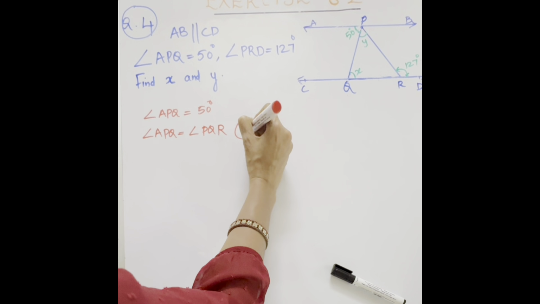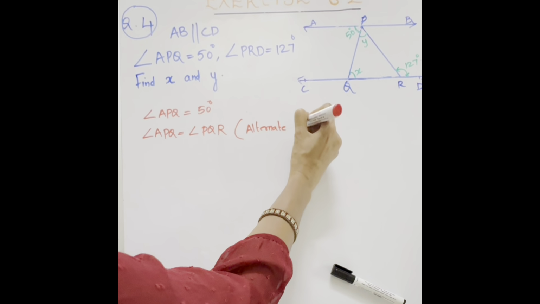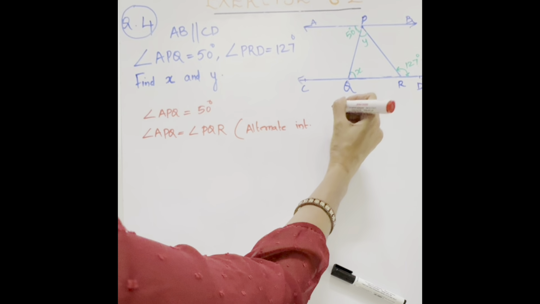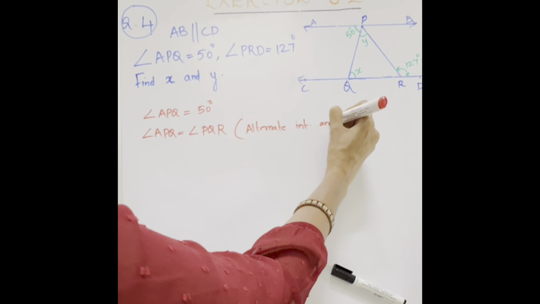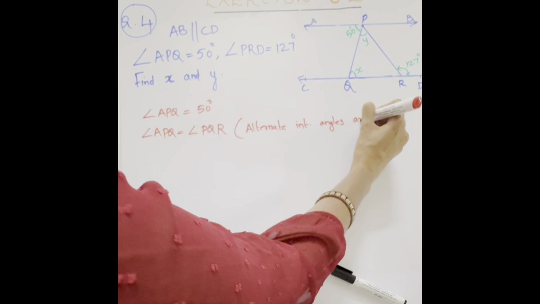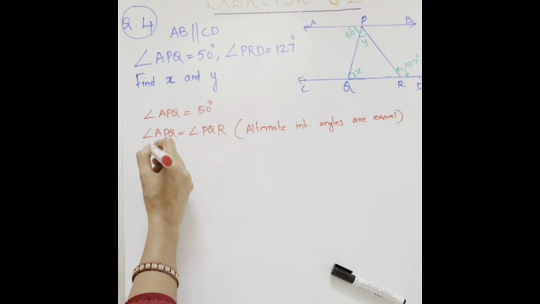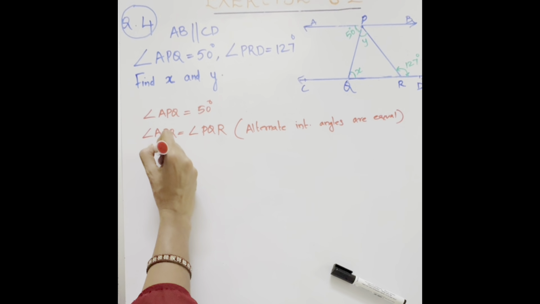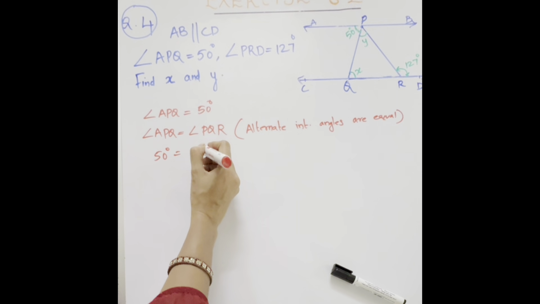Alternate interior angles. I just write down the short form, you have to fill it up fully. Alternate interior angles are equal. So we write APQ is 50, which is equal to angle x.